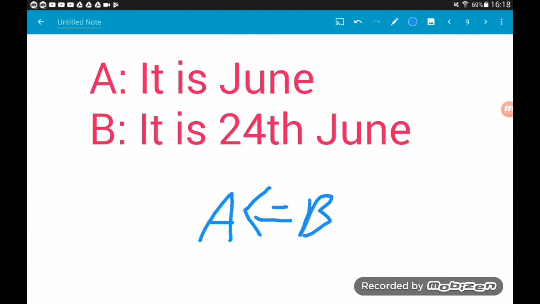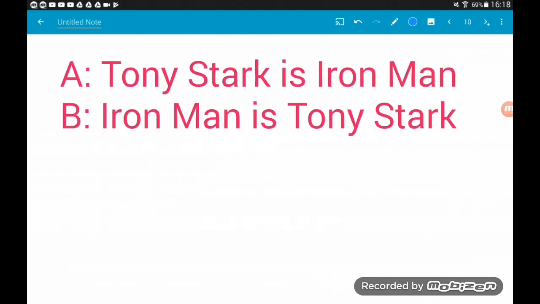Okay, and then for our third set, before the maths get involved, statement A, Tony Stark is Iron Man. Statement B, Iron Man is Tony Stark. So, let's check the equivalence here. If Tony Stark is Iron Man, is Iron Man definitely Tony Stark? Yes. So we do know that A implies B. On the flip side, if Iron Man is Tony Stark, does that imply Tony Stark is Iron Man?